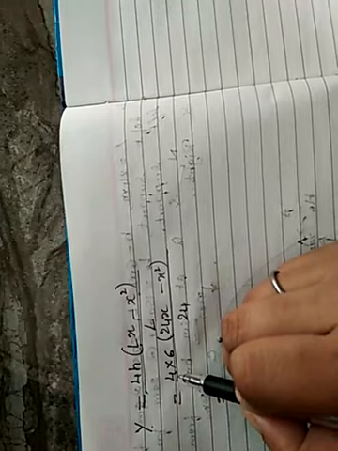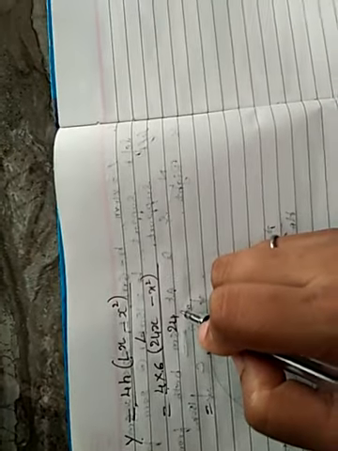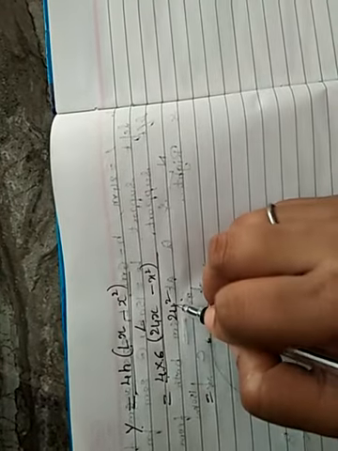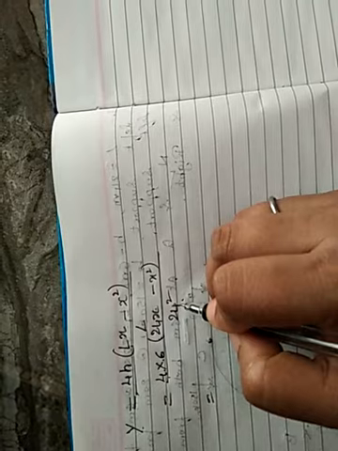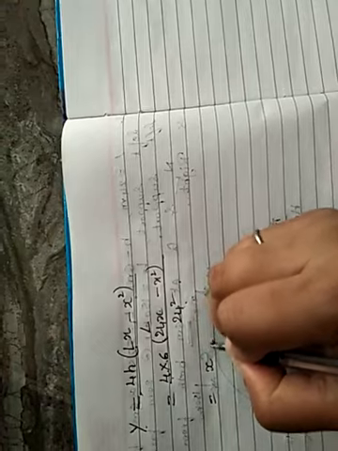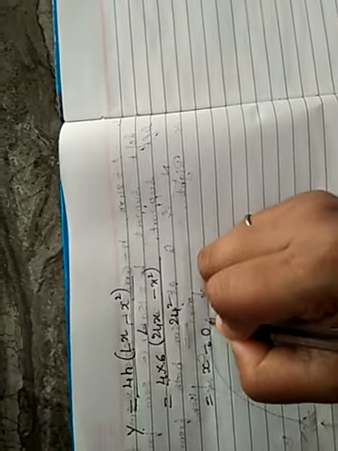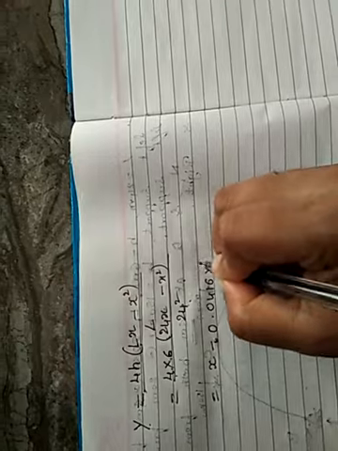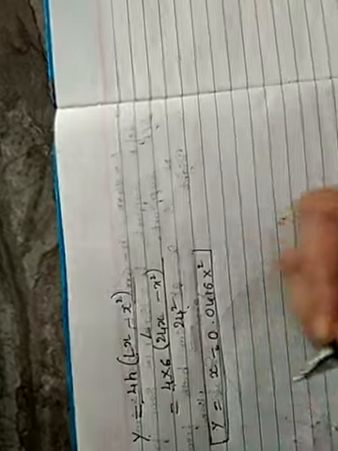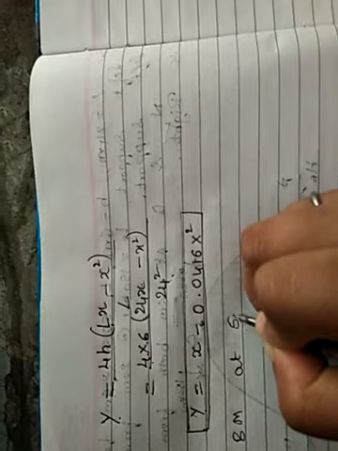What happens? 6 into 4 is 24, 24, 24 get cancelled. 24x by 24 is x. And then minus x square by 24, which is equal to 0.0416 x square. So the general equation for this problem to calculate y is equal to x minus 0.0416 x square. Now let us calculate bending moment at 50 kilonewton.